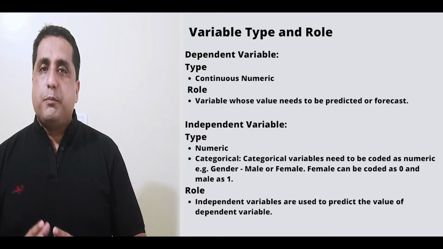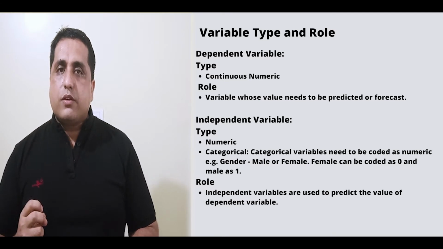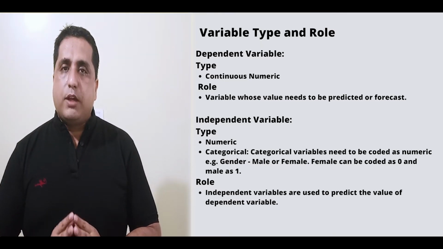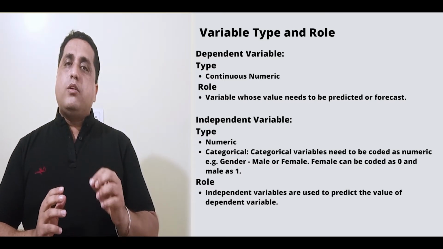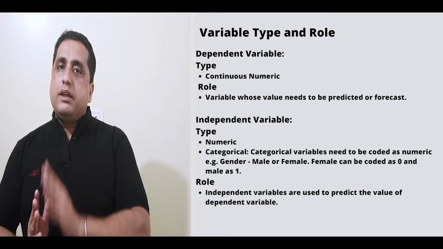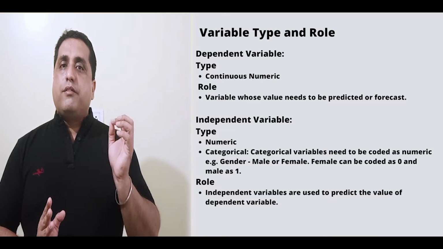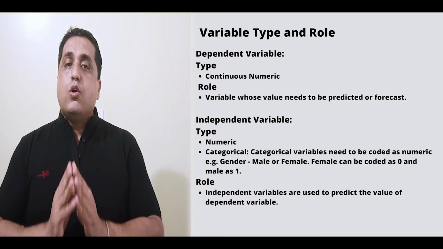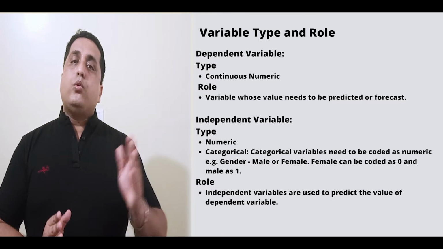Now, when you build a linear regression model, there are certain restrictions on data type, both for dependent and independent variable. The dependent variable can only be continuous and numeric in nature, whereas the independent variable can either be numeric or categorical. But if the independent variable is categorical, we need to convert that categorical variable into numeric.